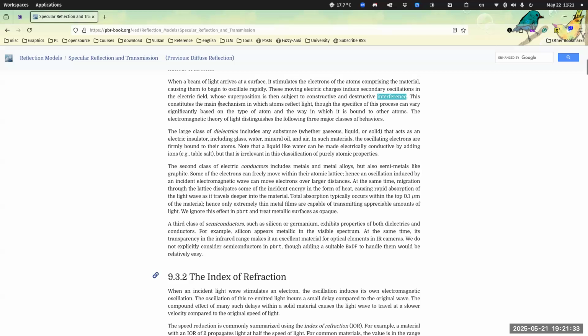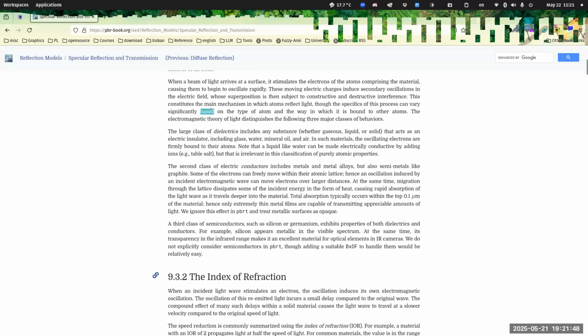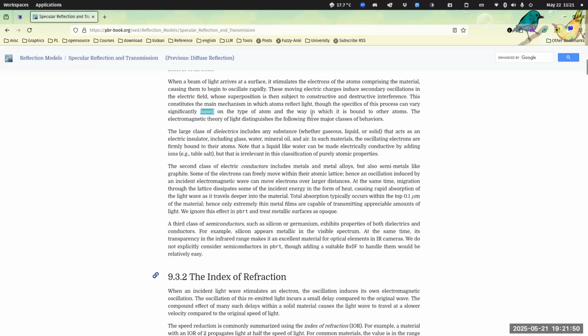This constitutes the main mechanism by which atoms reflect light, though the specifics of this process can vary significantly based on the type of atom and the way in which it is bound to other atoms.